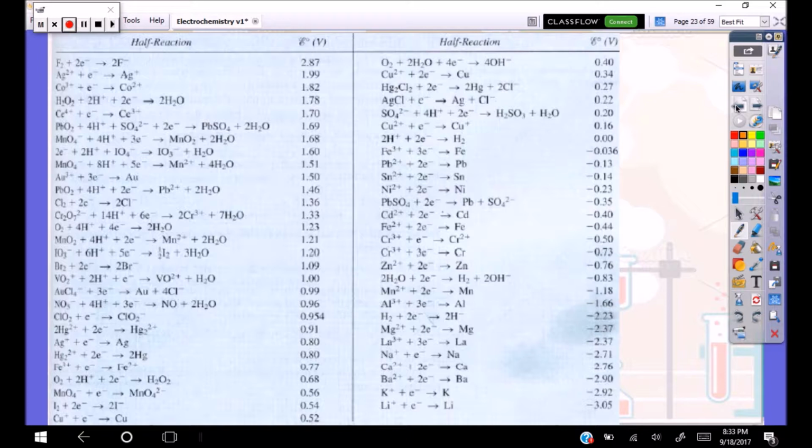Aha. Down in the middle here, it says MnO2 plus 4H+ plus 2e-. This one right here. It gives us Mn2+ and 2 waters with a cell potential of 1.21.